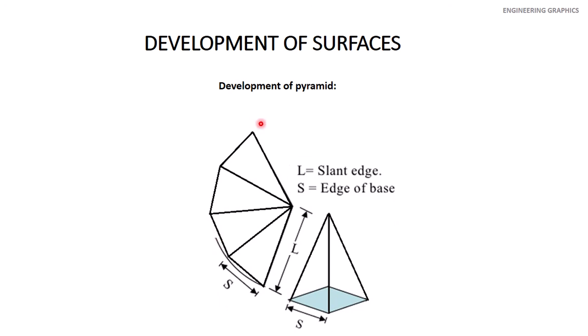Now on this arc, from this point, cut a distance equal to the edge of the base, means equal to S. Open your compass equal to S and cut 4 times because it is a square pyramid. If instead it's a hexagonal pyramid, then we have to cut 6 times.